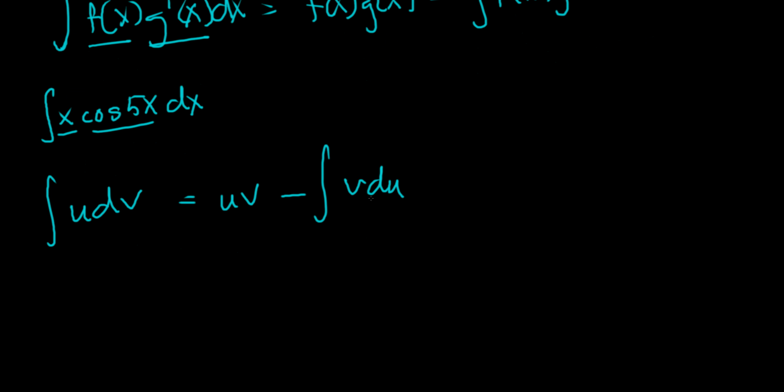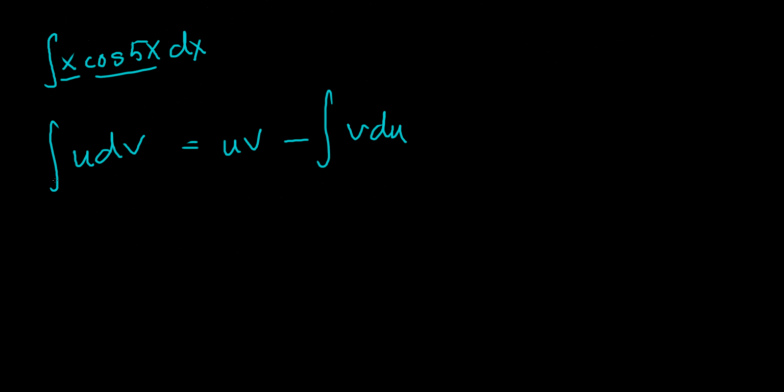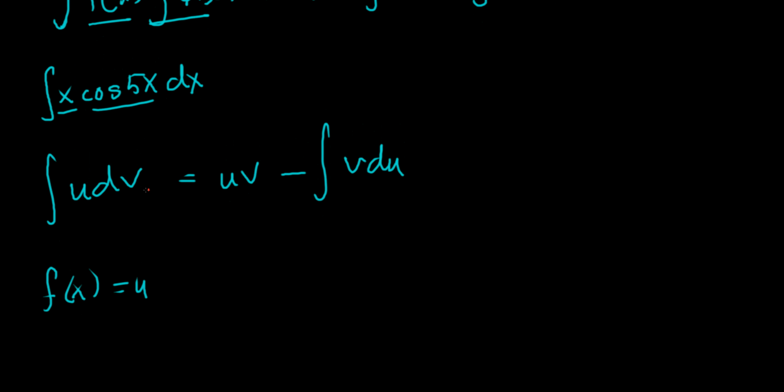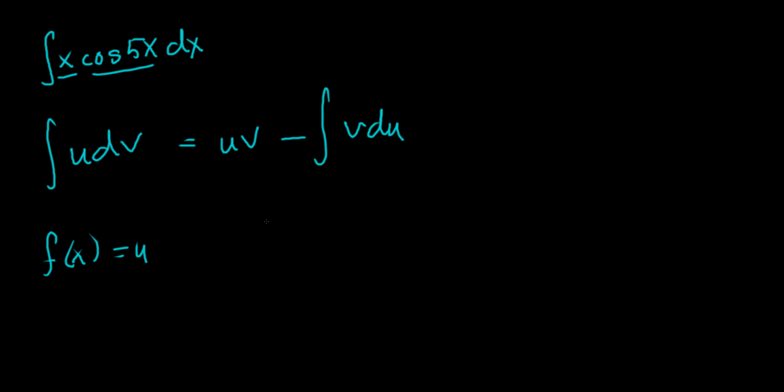How do we come up with that? Well, if we say f of x is equal to u, then everywhere we see an f of x in our formula, we plug in a u. And if we say that g of x equals v, then every time we see a g of x, we plug in a v, right?